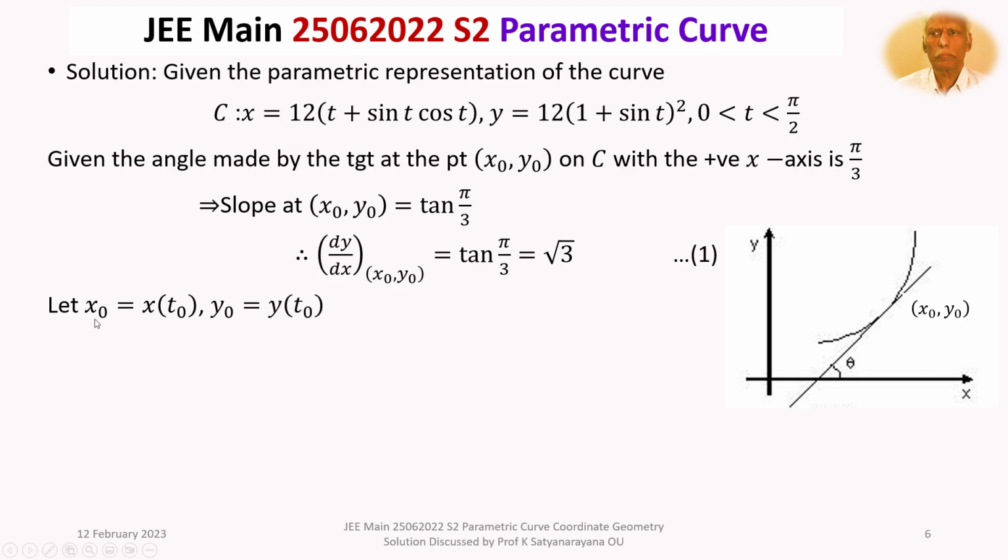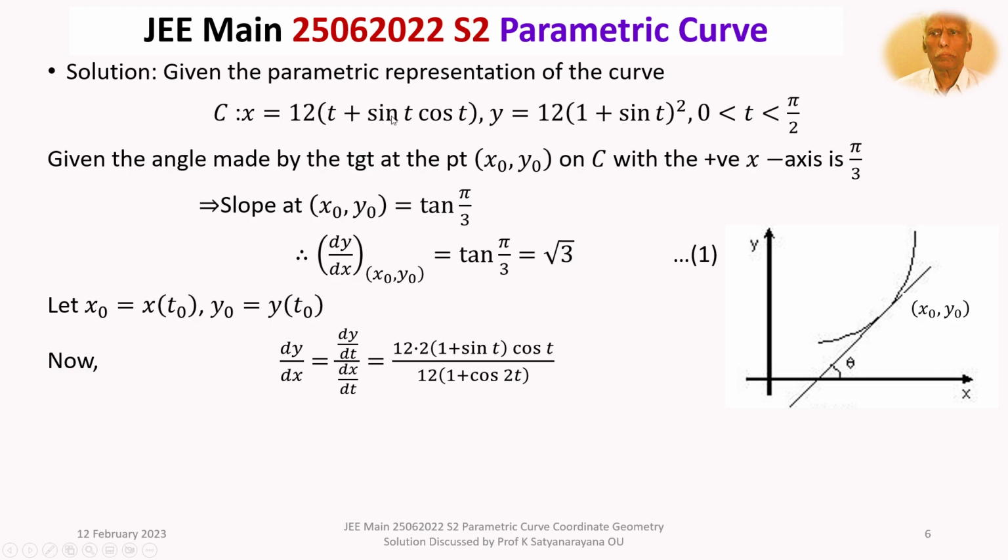Before that, let us take x0 equal to the value of x at t0, where t0 is the parameter corresponding to (x0, y0), and y0 equal to y at t0. Now dy/dx is equal to (dy/dt)/(dx/dt).